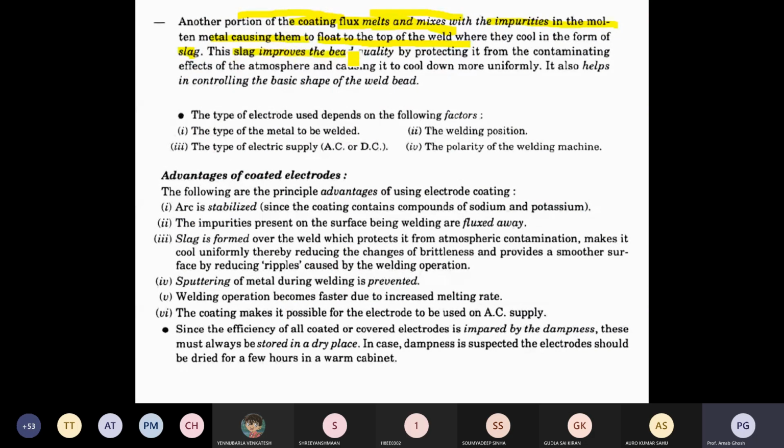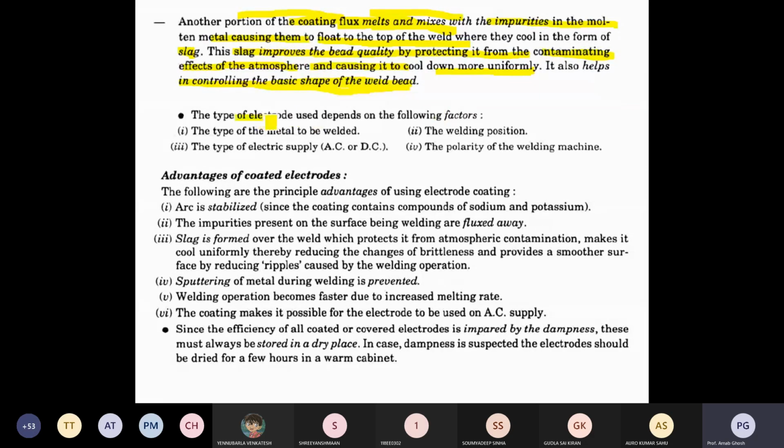The slag improves the bead quality by protecting it from the contaminating effects of the atmosphere and causing it to cool down more uniformly. It also helps in controlling the basic shape of the weld bead. These are the most important features.